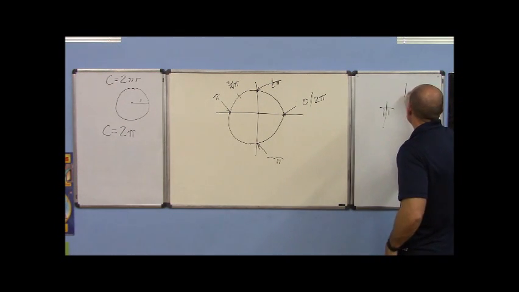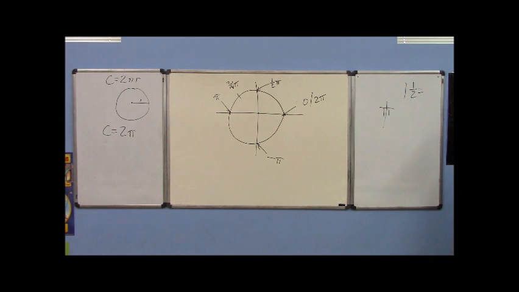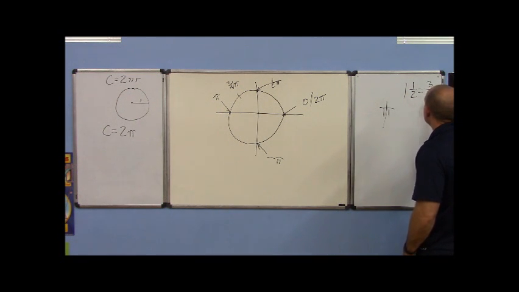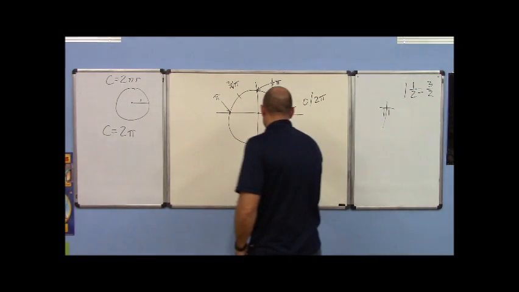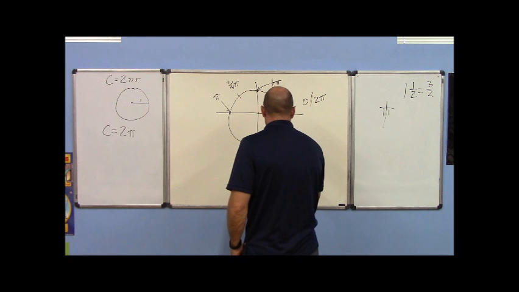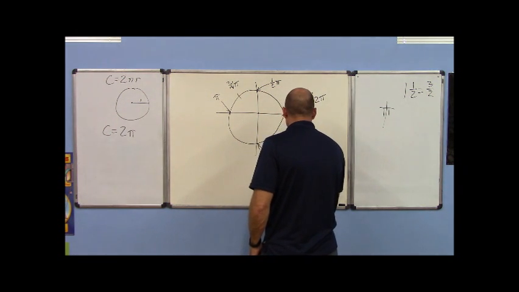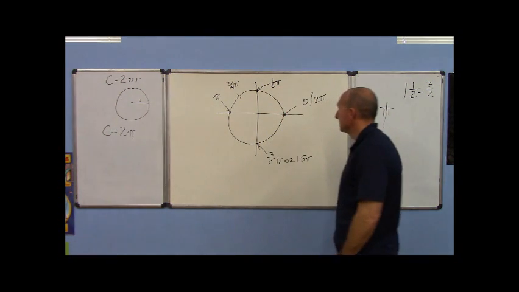Do this: 1 and 1/2. Make this an improper fraction, which means the number on top is bigger than the number on bottom. 3/2, very good. 3/2 pi, or you can say 1.5 pi.